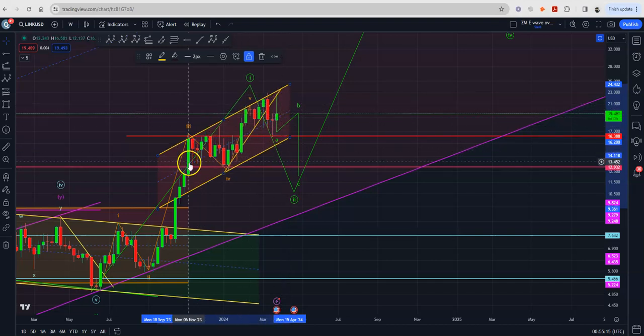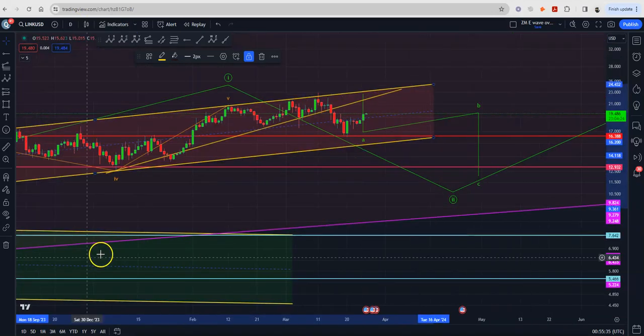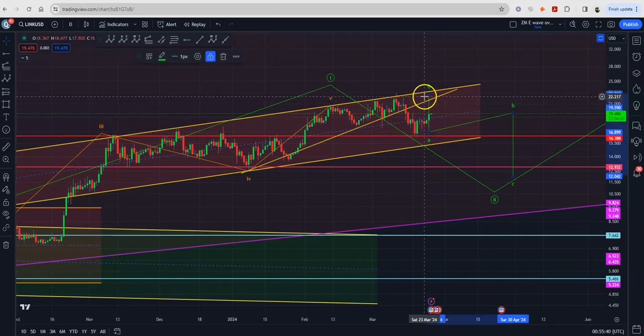These wedges and rising channels usually go down, and so we expect the breakdown of the wedge and channel to be an ABC correction. And as you can see, we just had the breakout about a few weeks ago, and it looks like we're putting in the B wave up. Yep, I think that's just about right.